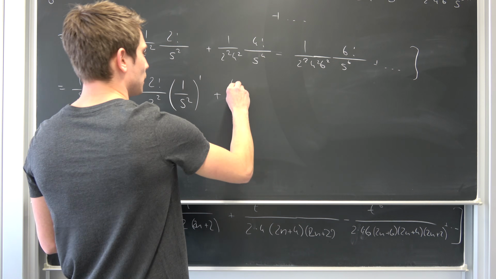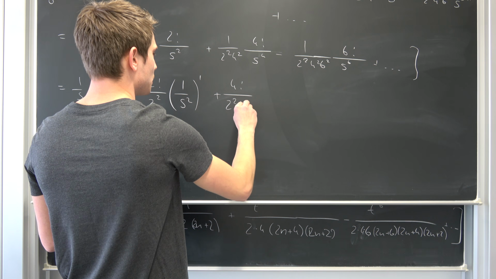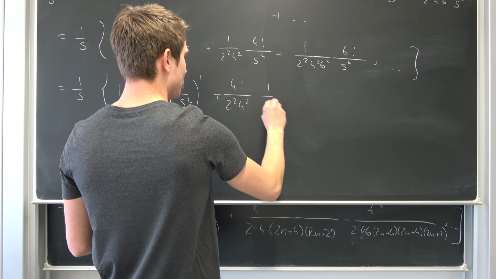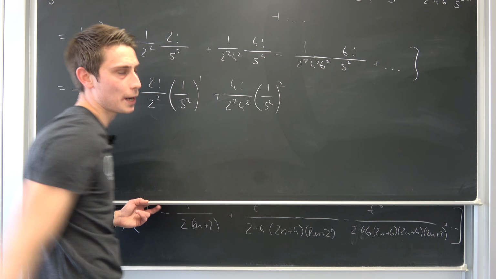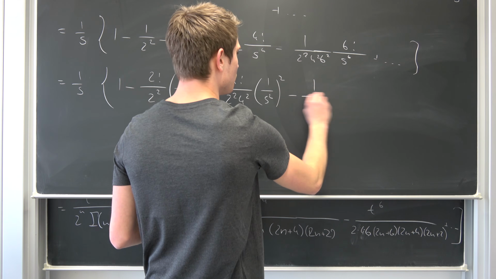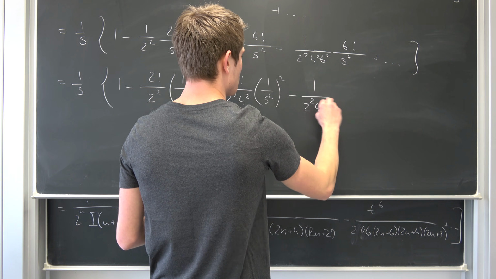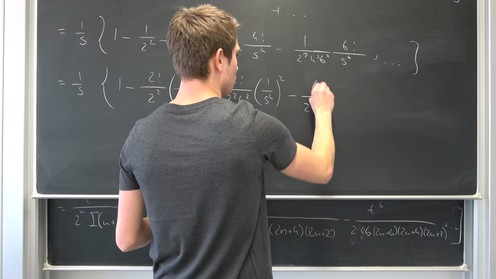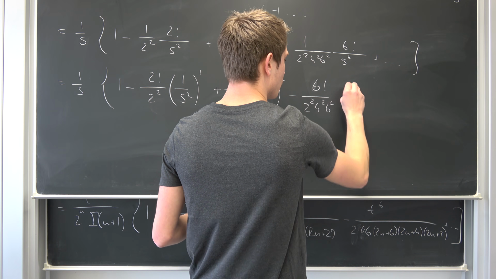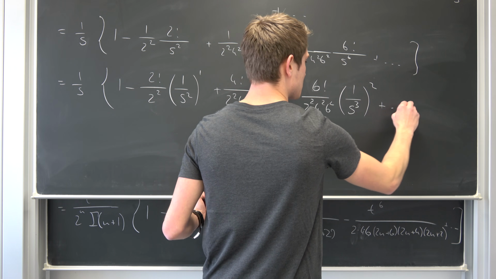Plus 4 factorial over 2 squared, 4 squared, and then 1 over s squared squared. Next term, negative 1 over 2 squared, 4 squared, 6 squared. Instead of a 1, I'm going to put 6 factorial up here. And then we have 1 over s squared to the 3rd power, plus dot dot dot.